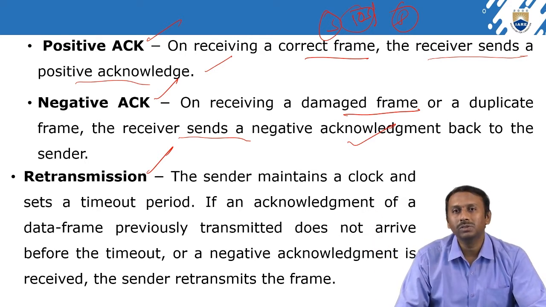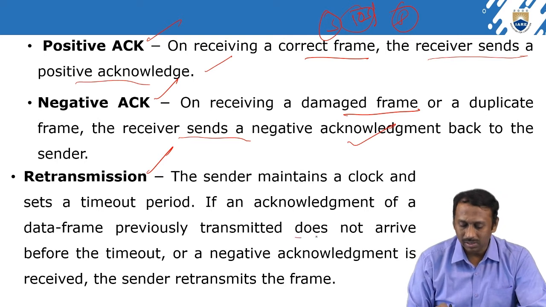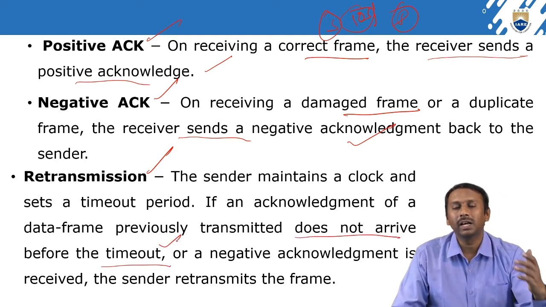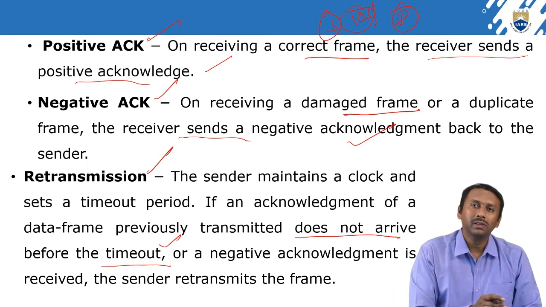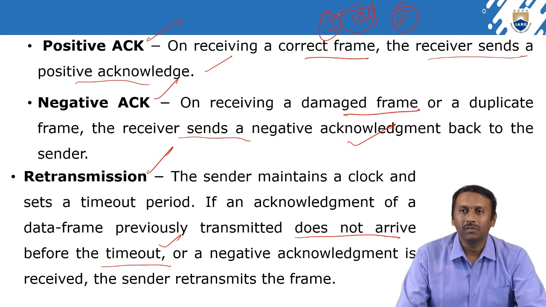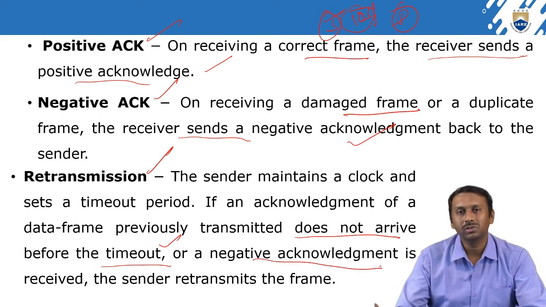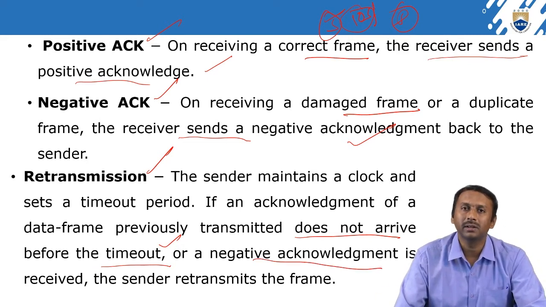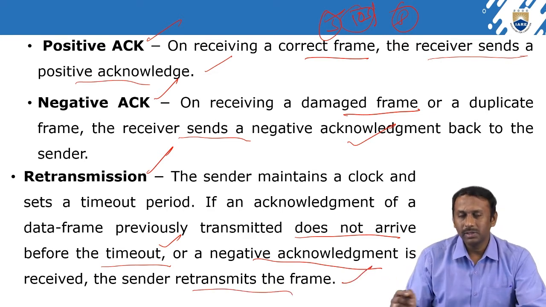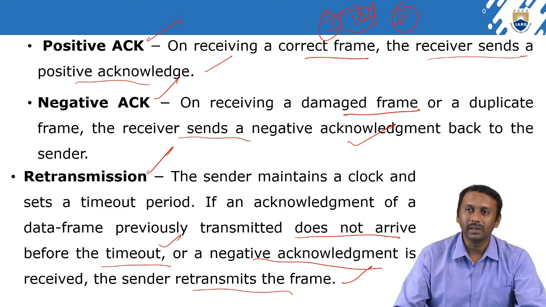If the acknowledgement of a previously transmitted data frame does not arrive before the timeout, then the sender retransmits the frame. Even when a negative acknowledgement is received by the sender from the receiver, the sender will retransmit the particular frame. Clear?